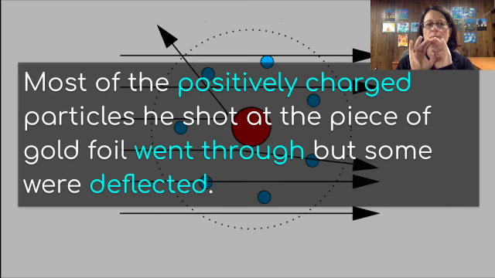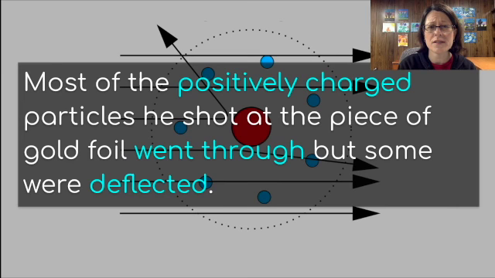And so he shot the alpha particles through the foil, and what he found is that most of them went through and hit the other side, and so you would see on the photographic film when you exposed it that's where they hit. But some were deflected, not many.